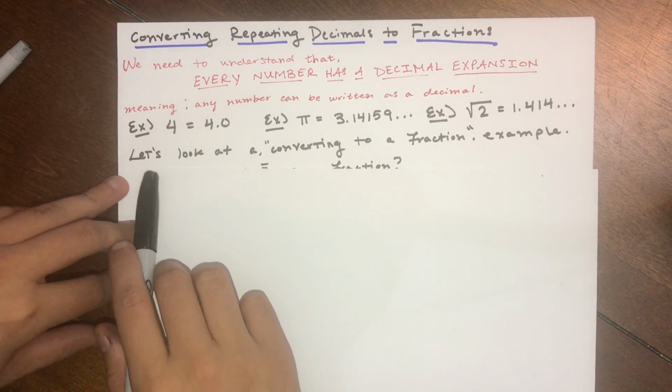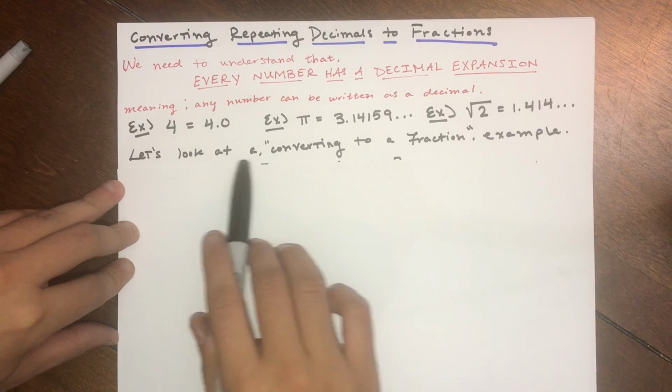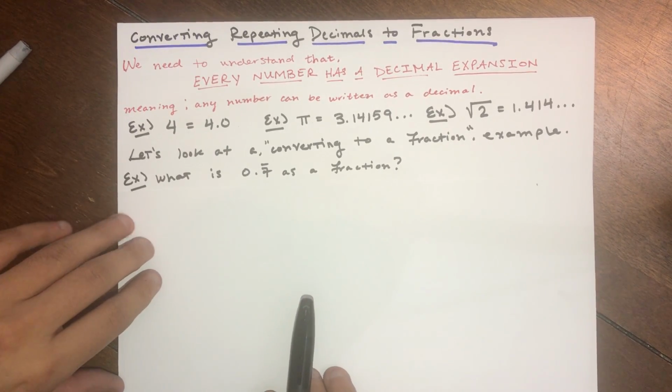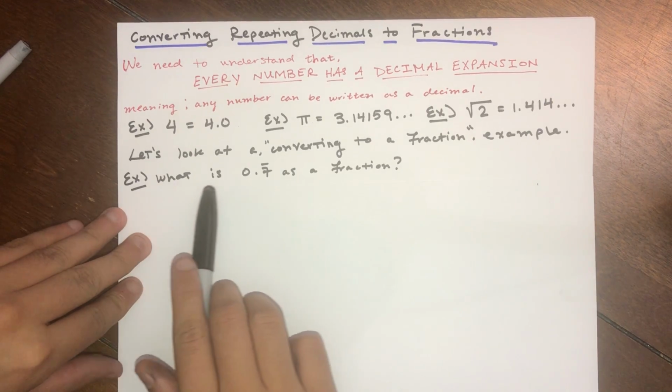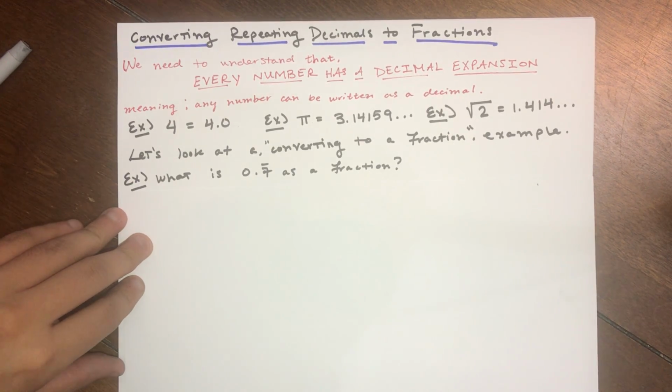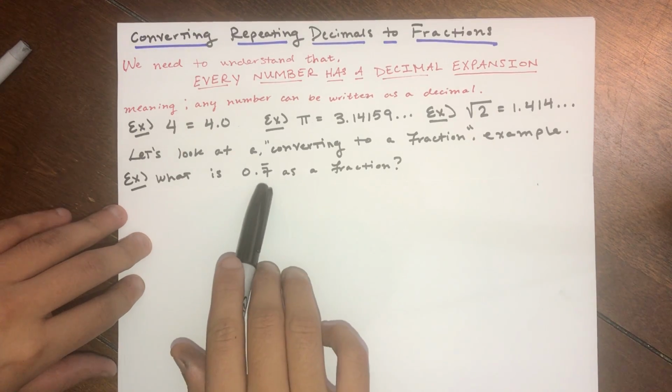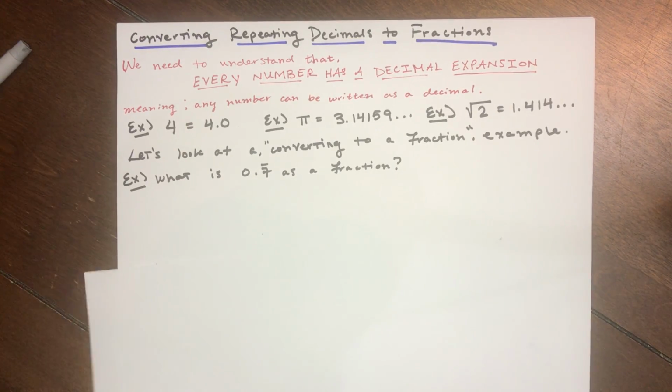Right now, let's look at a converting to a fraction example. The first example is: what is 0.7 repeating as a fraction? Notice it's just a single digit that's repeating.